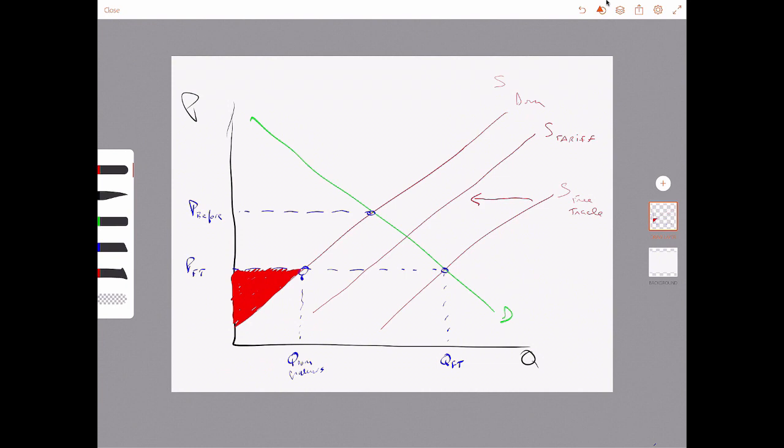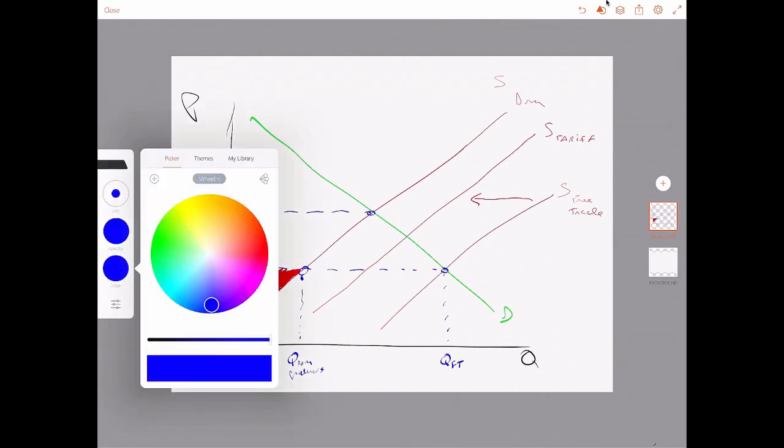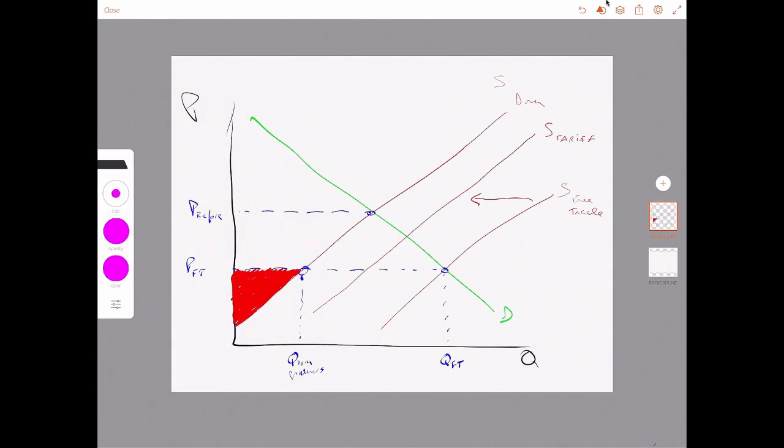It causes the free trade supply curve to shift to the left, which gives us a new equilibrium point. So we'll call this the quantity with the tariff. And here is the price with the tariff.